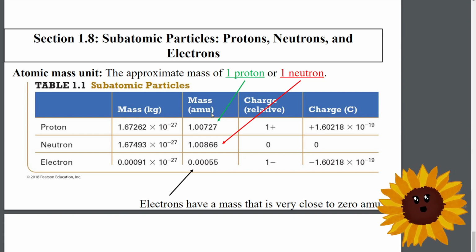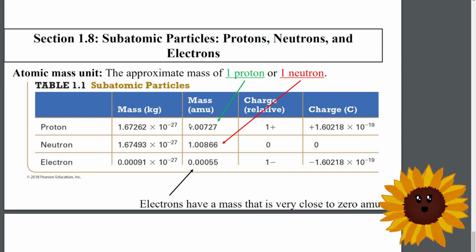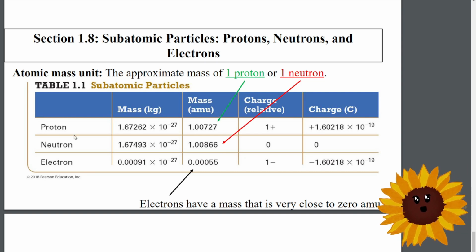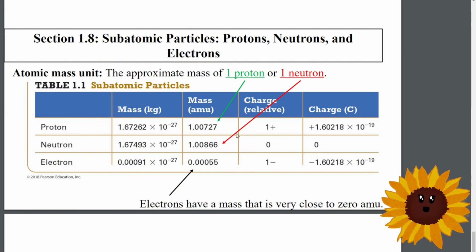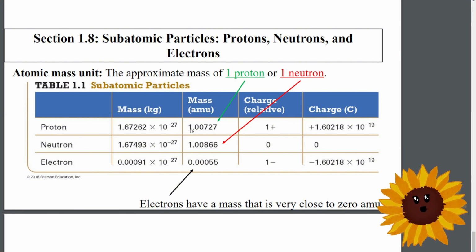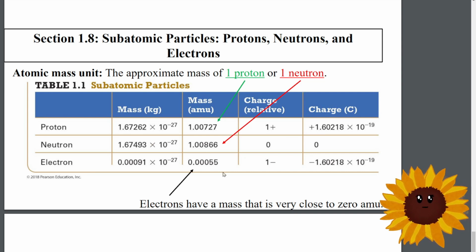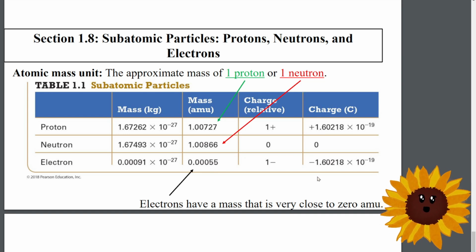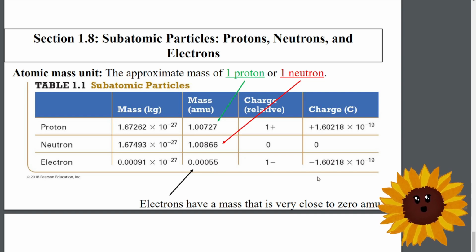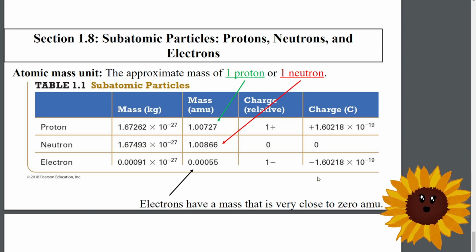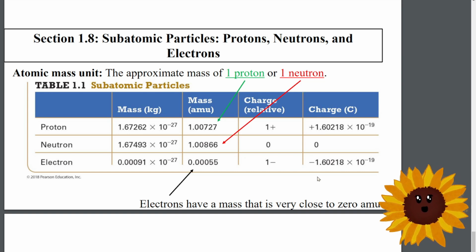It's just a fancy term for a different type of mass for a proton, neutron, and electron. Instead of having to write mass in kilograms here, you can just write mass in AMU. So the mass of a proton and neutron are basically 1, and electrons are very close to 0. So when you're doing problems that rely on mass, you're not really going to be looking at how much the electron weighs.